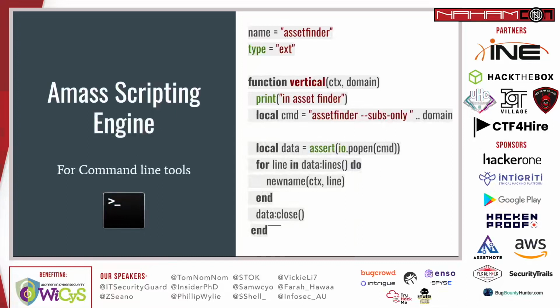As you can see here, there is a simple for loop that will go through every result and provide them to Amass. Pretty easy, right? But you may also encounter situations where Amass does not support a given data source or no tool out there supports it yet. So what do you do about that? I will explain that in the next slide.